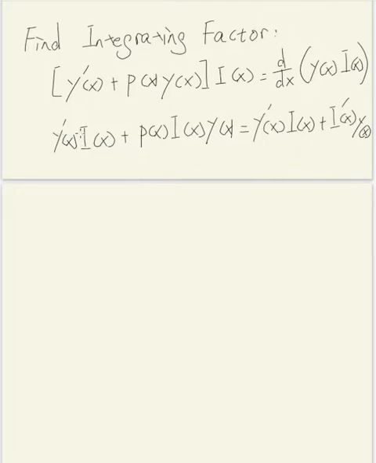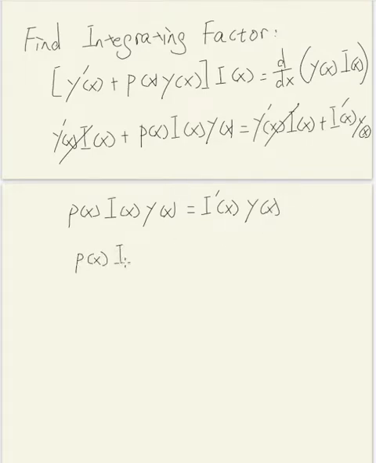Now since y prime times I cancels out, we're just left with p of x times I of x times y of x equals I prime of x times y of x. Divide y of x on both sides, we get p of x times I of x equals I prime of x.